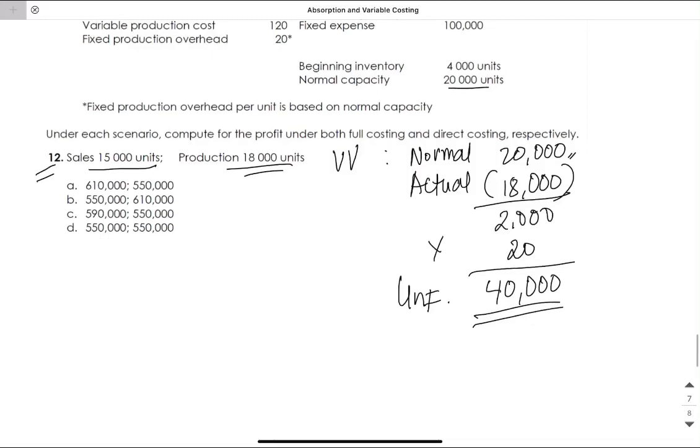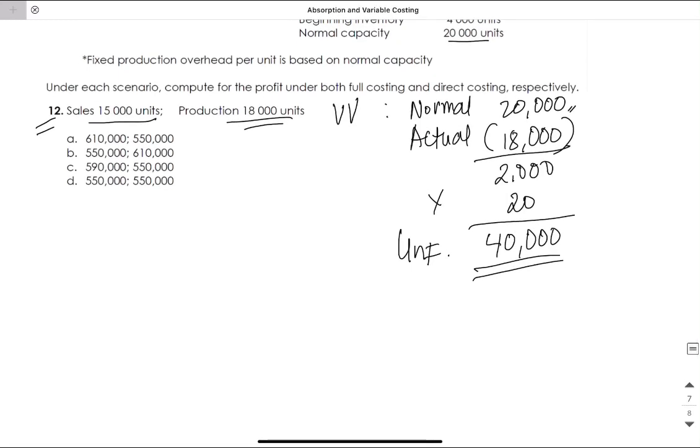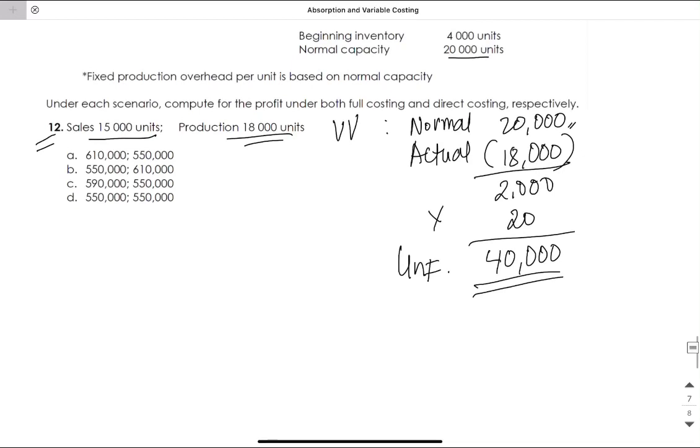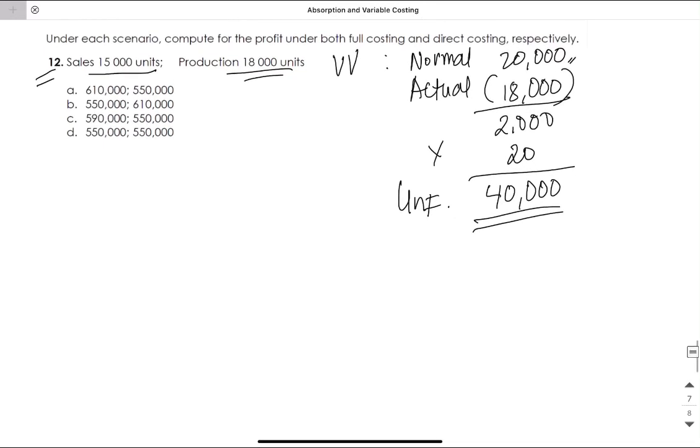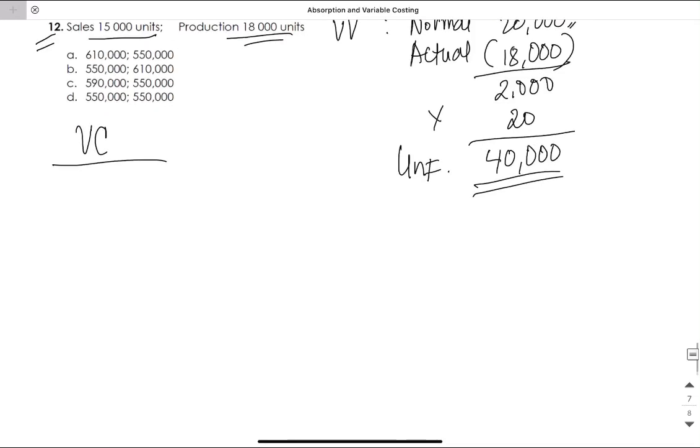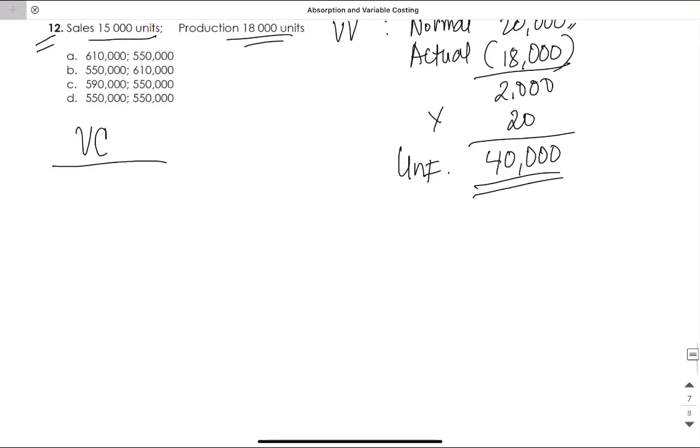So let's compute the operating profit. However, for this one, let's just compute the variable costing income, and then we just reconcile. You can solve the net income under absorption costing on your own, so I'll just do the variable costing income.